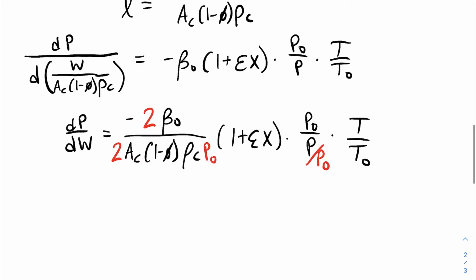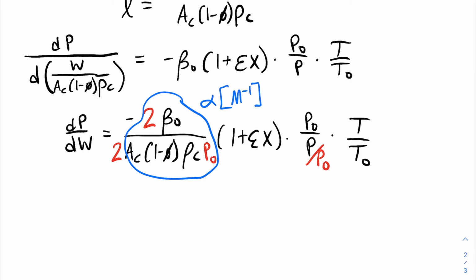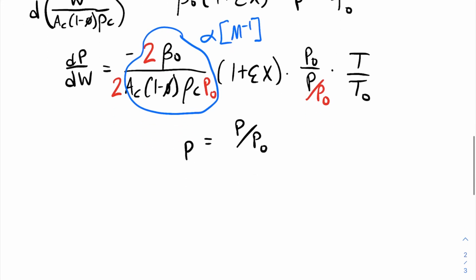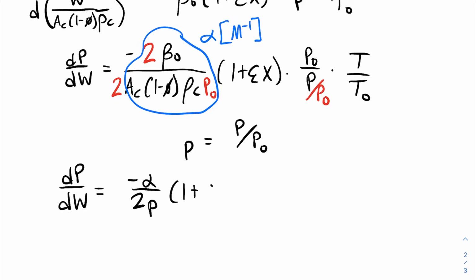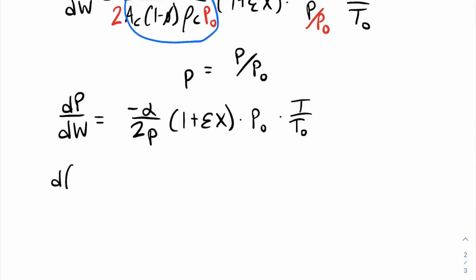Okay, and what they have done is called this whole constant here alpha, which has units of mass to the minus 1. And they've defined a lowercase p as P divided by P naught. So if we rewrite this with those simplifications, we'll get dp/dW is minus alpha divided by 2 lowercase p, times 1 plus epsilon x times T over T naught.